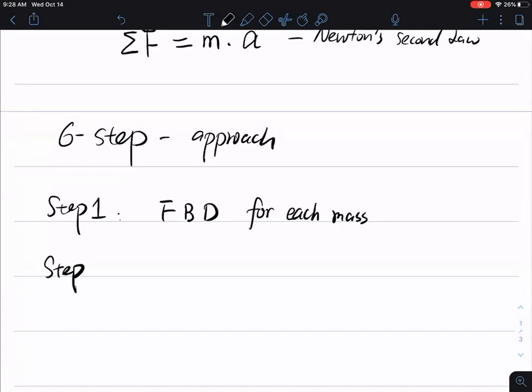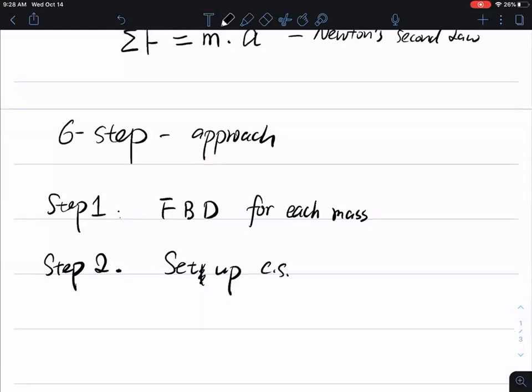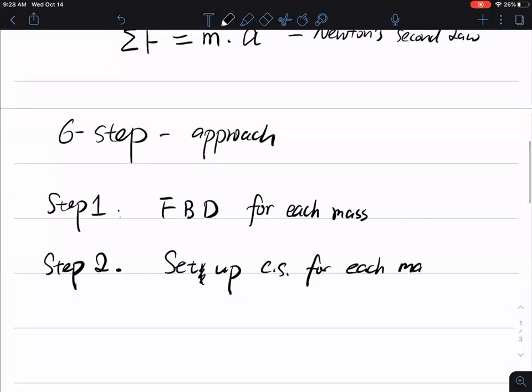Step 2, once you have the free body diagram, you need to set up coordinate systems for each mass. That means set up X and Y's.